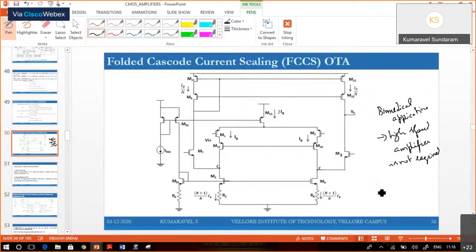Slew rate can be, so the current that is going to flow through that output node can be minimum. So we need not target that.